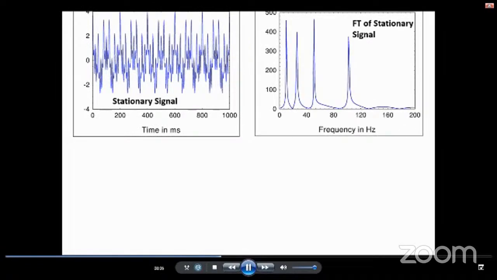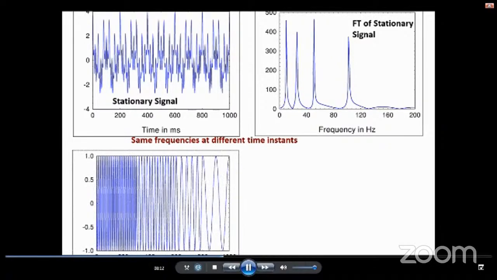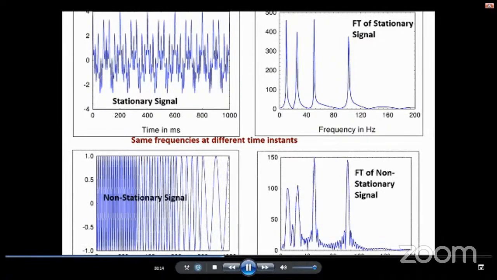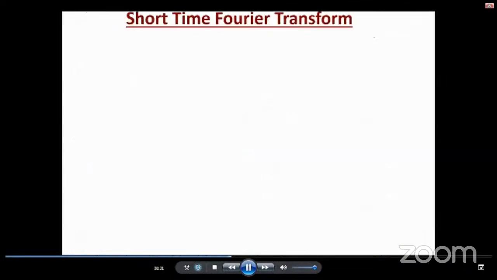So this is the FT of a stationary signal. How does it look? Whereas the FT of the non-stationary signal, you see, is almost the same, with only some glitches over here. Other than that, it is almost the same. So there is no way of finding out at what point of time which components of frequency exist.